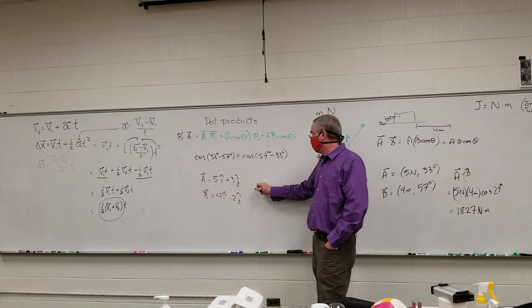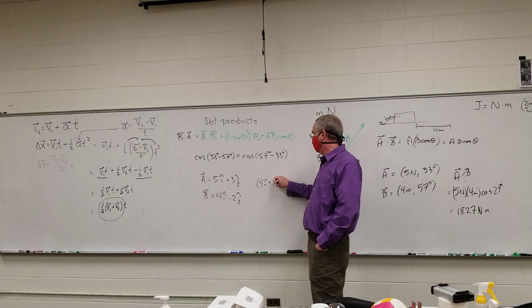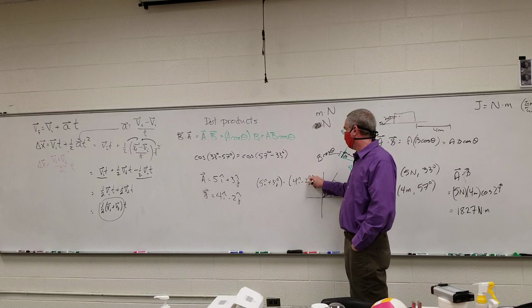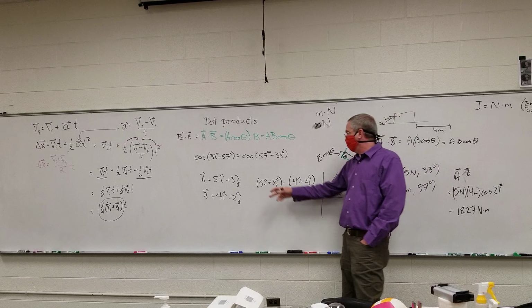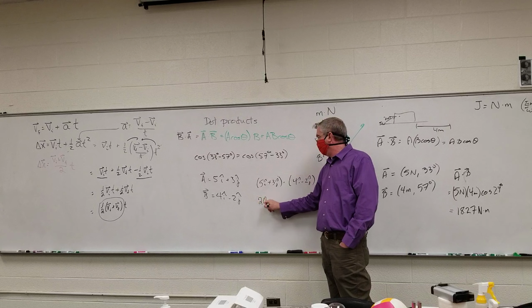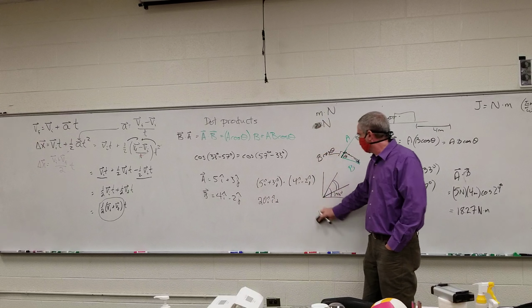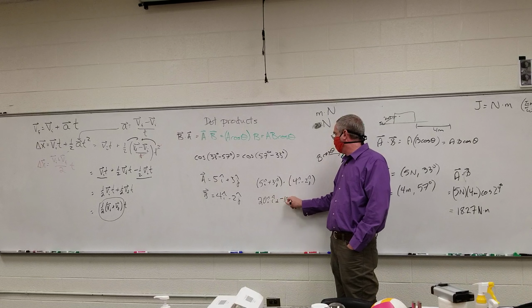But the long way, 5 i hat plus 3 j hat, dot product, 4 i hat minus 2 j hat. And then let's FOIL. First, so I got 20 i hat dot i hat plus outer, negative 10 i hat dot j hat.